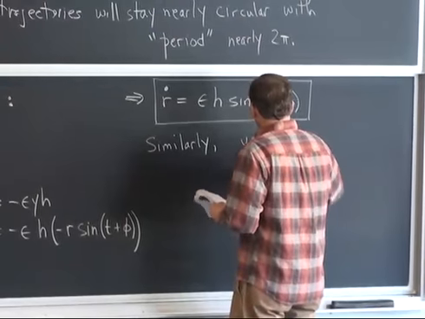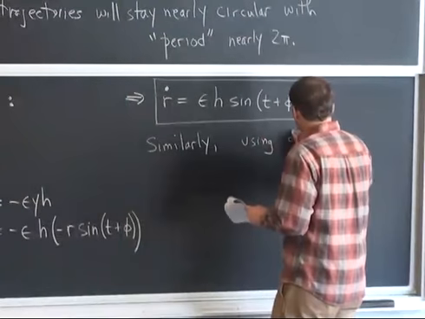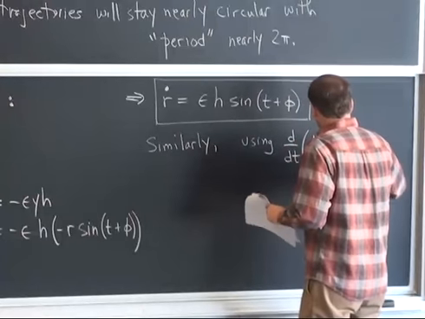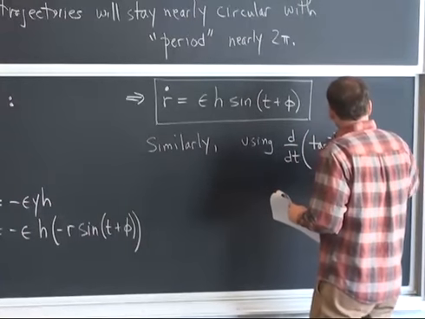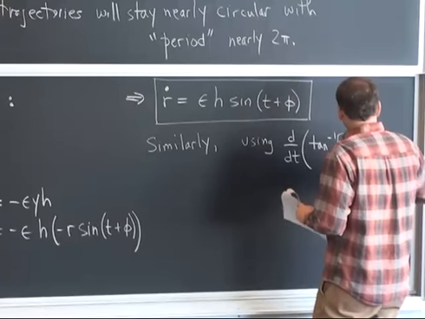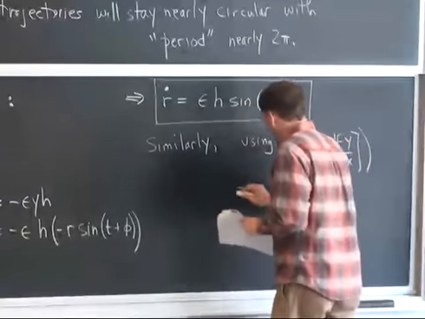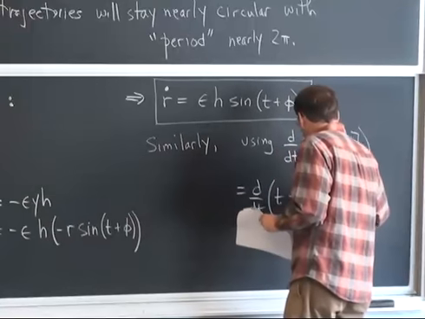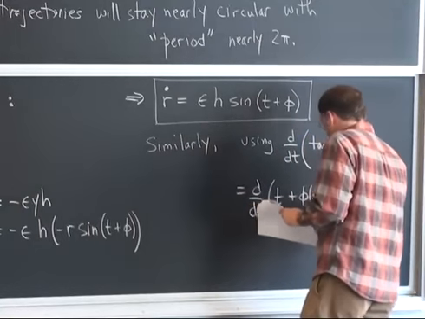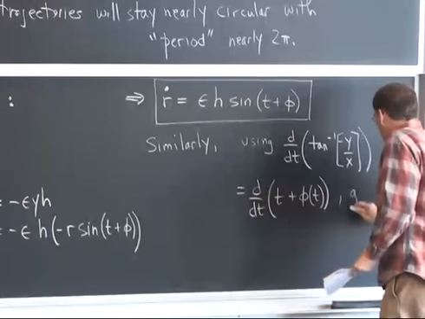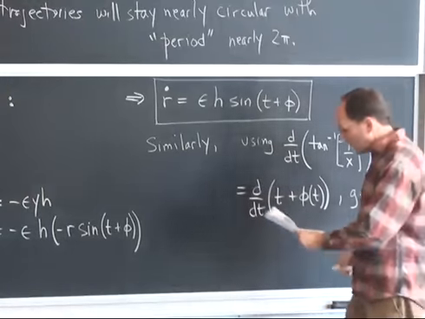Maybe I'll just write that down. Similarly, using d dt of tangent inverse of negative y over x equals d dt of t plus phi of t, you get this equation for phi dot.